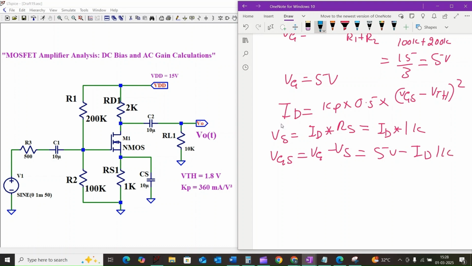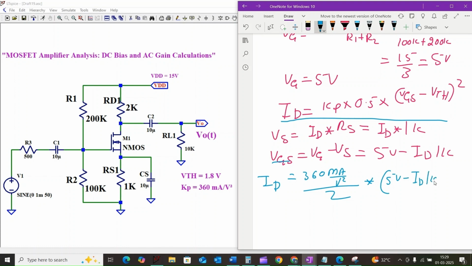Now we'll plug the value of VGS into the equation of ID. Then the drain current ID is equal to 360 milliamps per volt square divided by 2 into (5 volt minus ID into 1 kilo ohm minus 1.8 volt, that is the threshold voltage) the whole square.